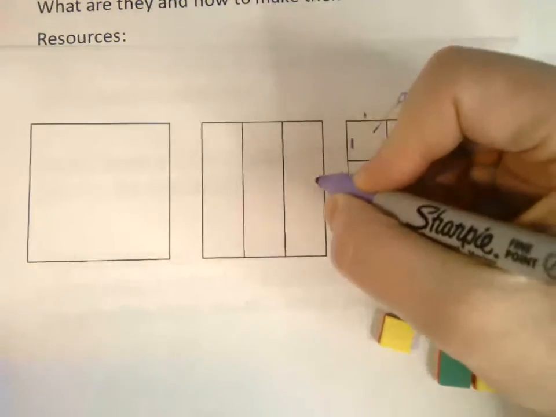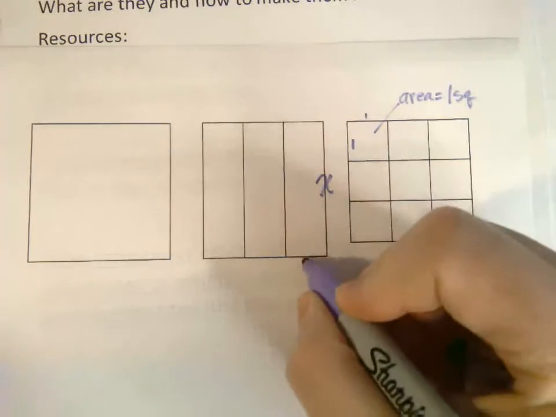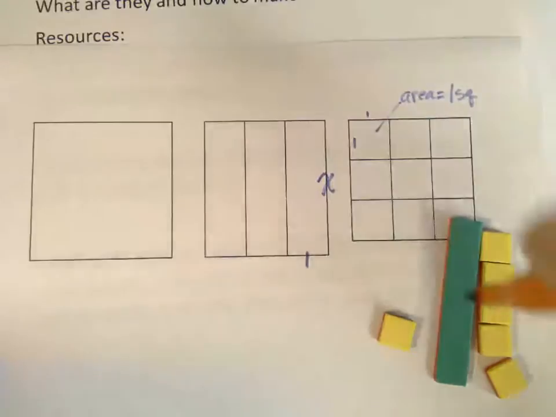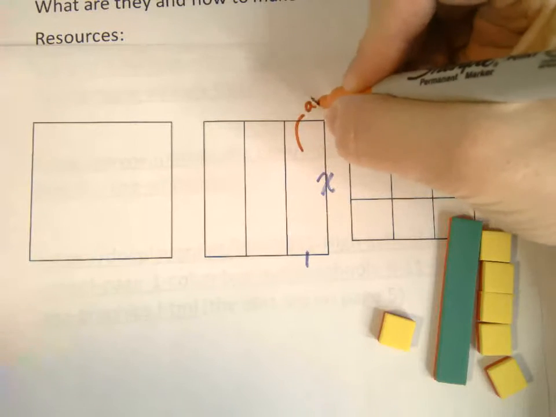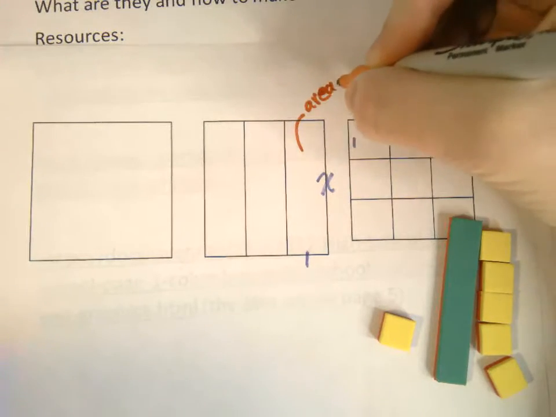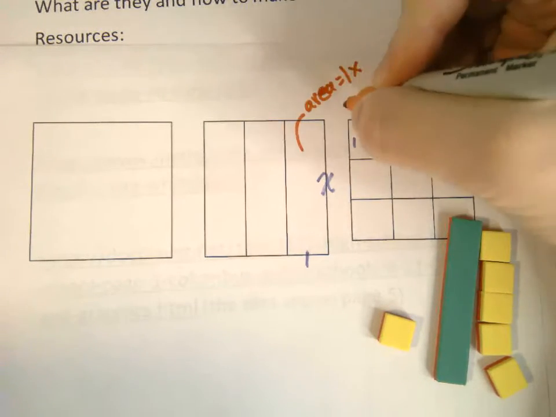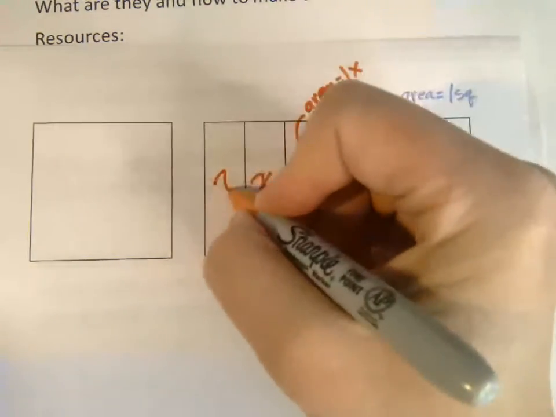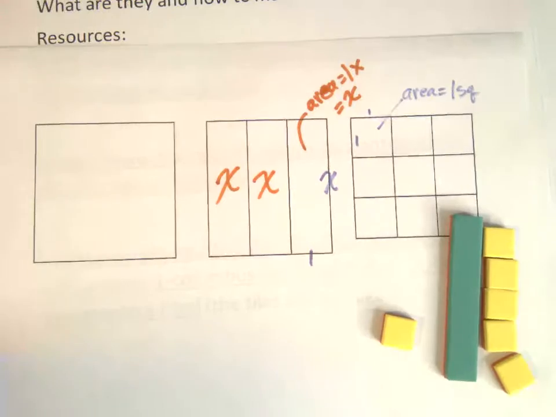So the height of these, they are x tall and 1 wide. So they're 1 by x's. So that means the area of this piece is 1 by x, or x. So each of these pieces is an x piece.